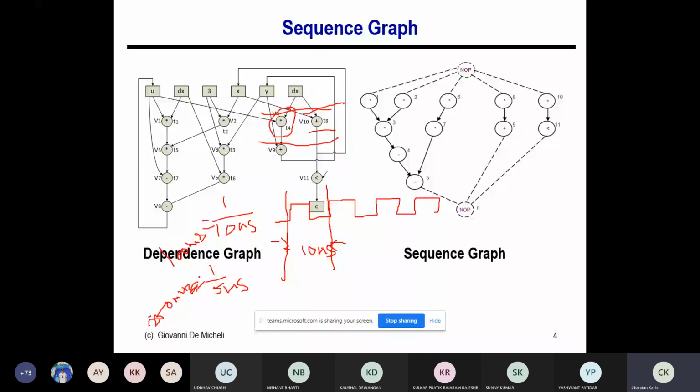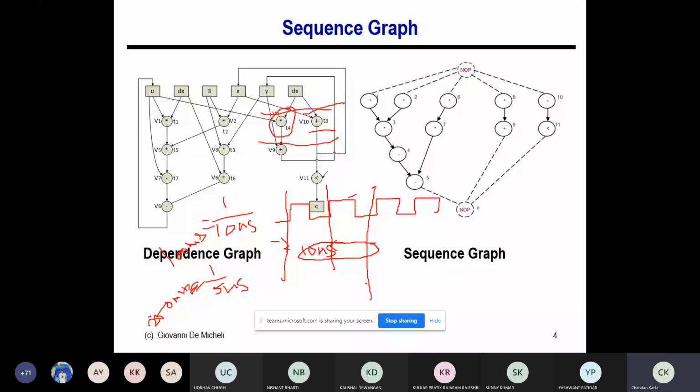The point here is that if you want to run things faster, suppose I want to run this particular design at 200 megahertz, that means my multiplier cannot be done in one clock. So I'm going to do this multiplication in two clocks. Then the multiplier becomes a two-cycle operation.